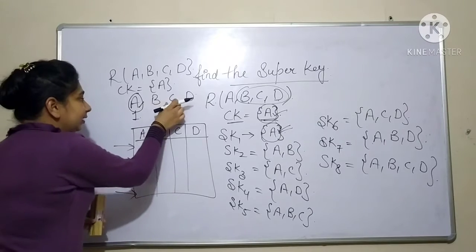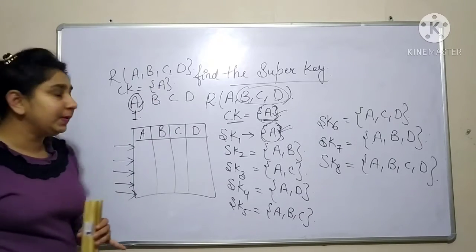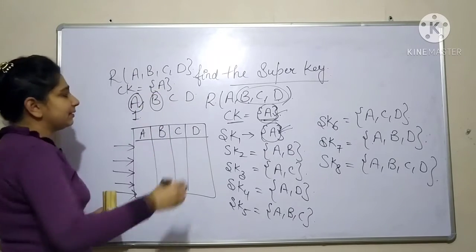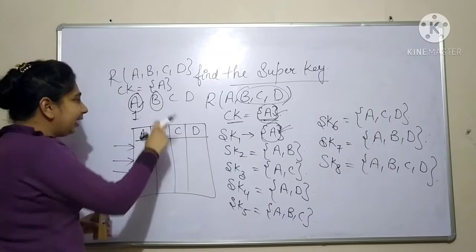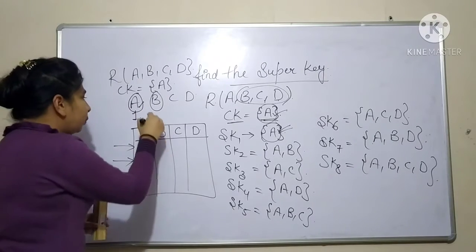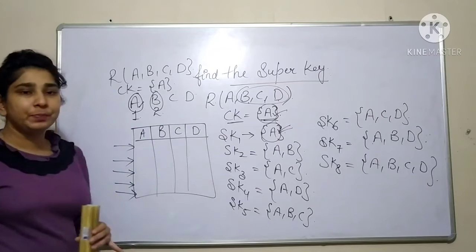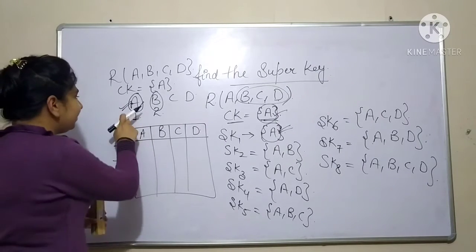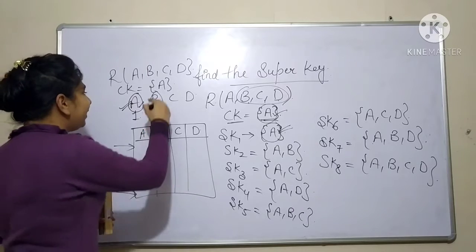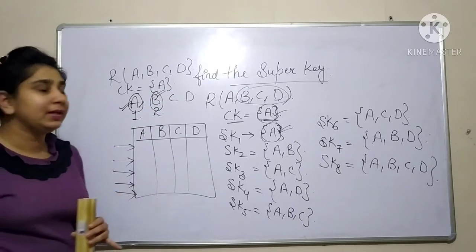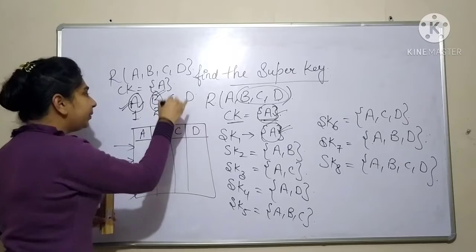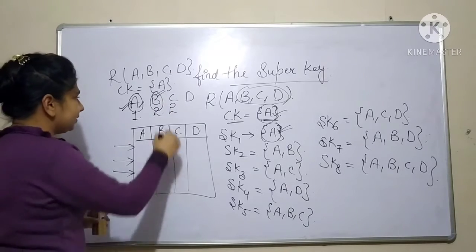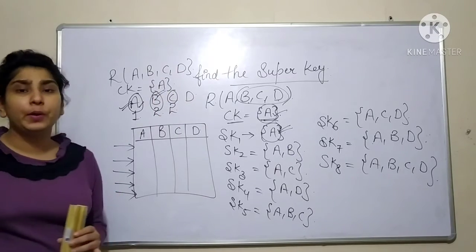If you look at attribute B, it is your choice. You can either take it or not take it, so we have 2 possibilities. Attribute A is definitely going to be present in the super key. For B we have 2 possibilities. For C we have 2 possibilities, either you include it or you don't.